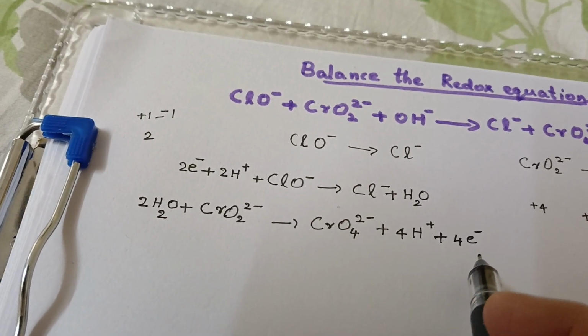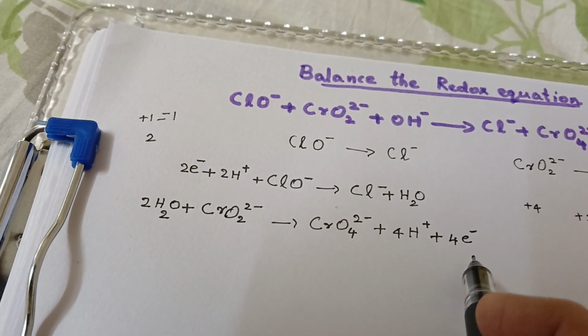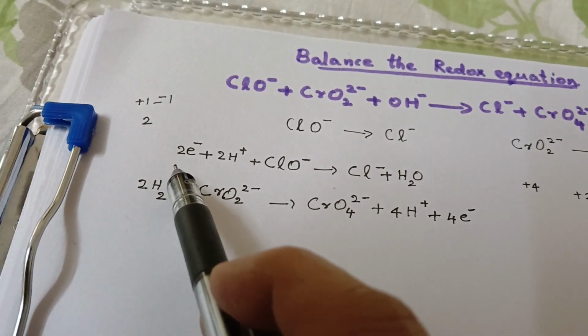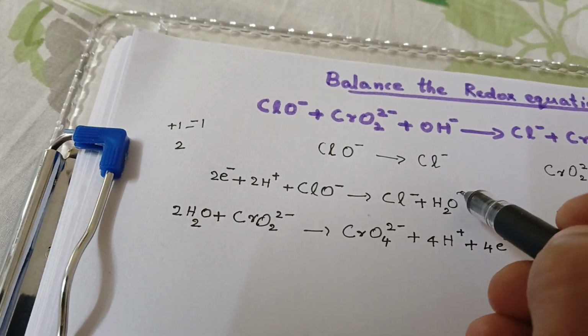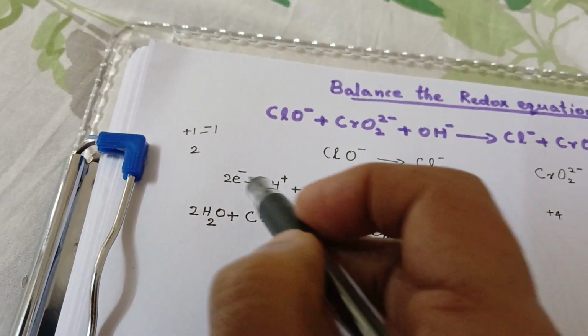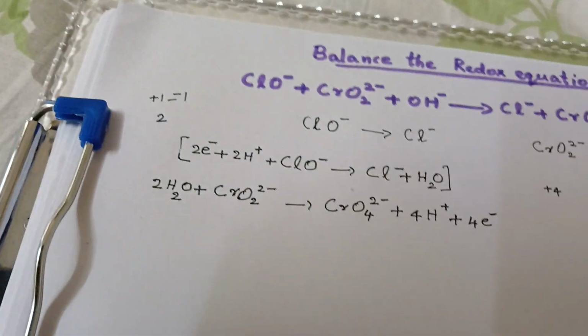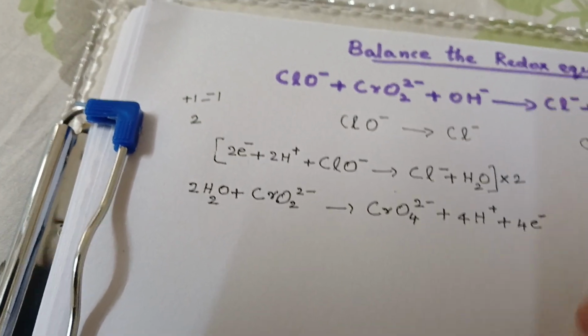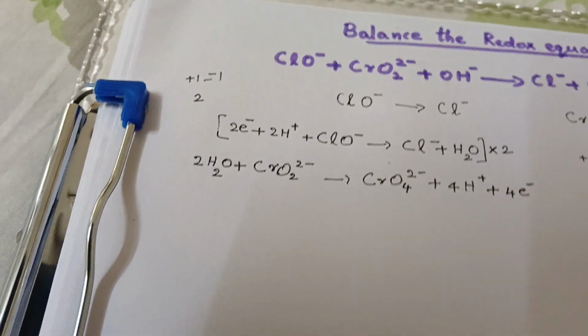But here there are 4 electrons on the right hand side, and in the first equation 2 electrons on the left hand side. If we can make the number of electrons the same, we can cancel them out. So if we multiply the first equation by 2, we can do that.